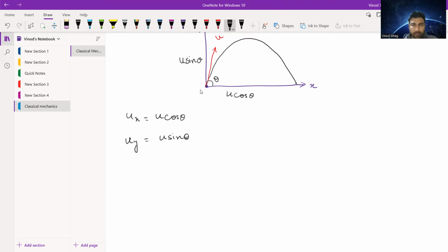So if I look at this point, there will be two components that we have drawn here: u cos theta, and the vertical one, u sin theta.